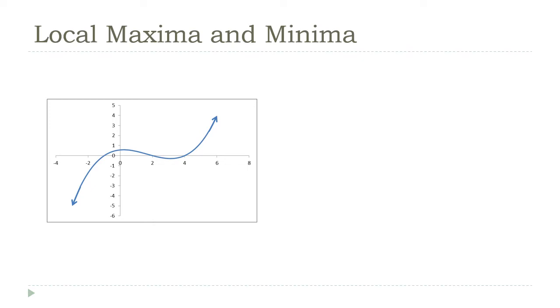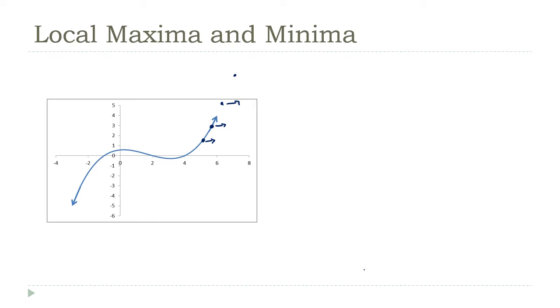This function doesn't have an absolute maximum, and it's because of those arrows, right? Any number you pick, go 1 unit to the right, and that y value is higher. Go 1 unit to the right of that, and to the right of that, and so on. There is no point on this graph that is higher than absolutely every other point.